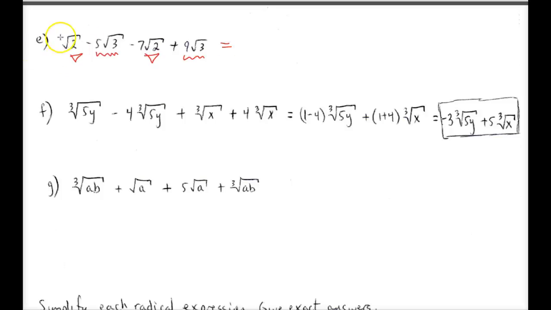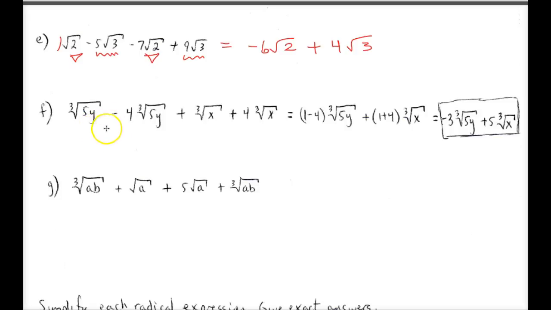So we have an understood 1 there, so 1 minus 7 is a negative 6, and then times square root of 2, and then we have negative 5 plus 9, which is a positive 4 times square root of 3. That would be the answer for that.